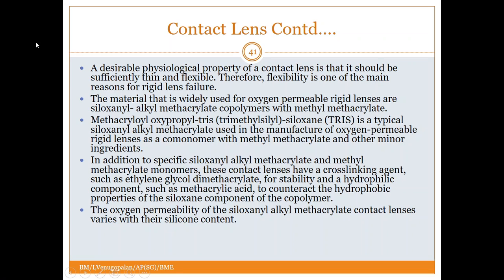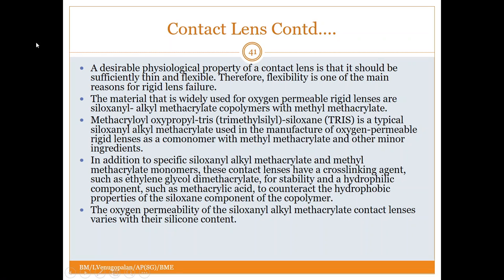Because specs is quite evident. Many people do not appreciate the fact that they have to wear specs, right? So it's something that they do not like. So if they are choosing contact lens over it, they want it to be invisible. They do not want people to detect it that easily.